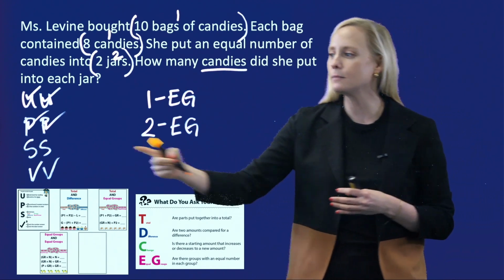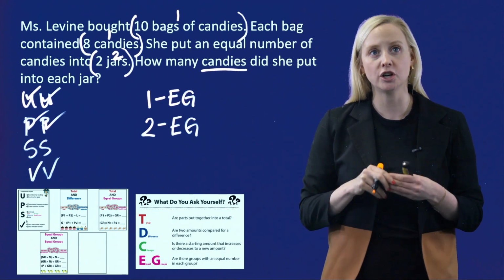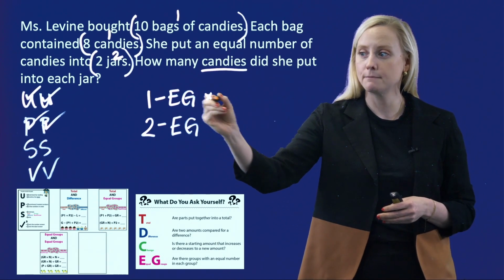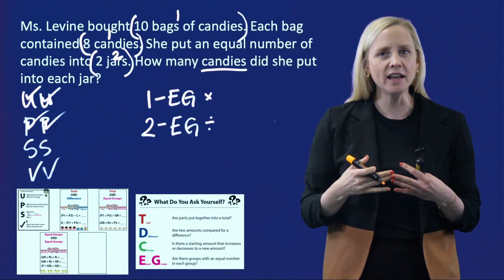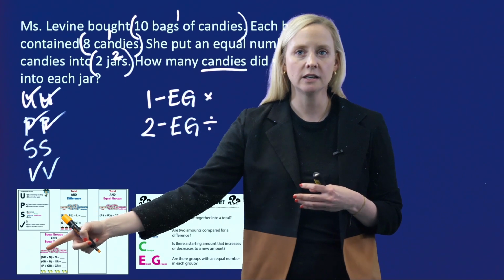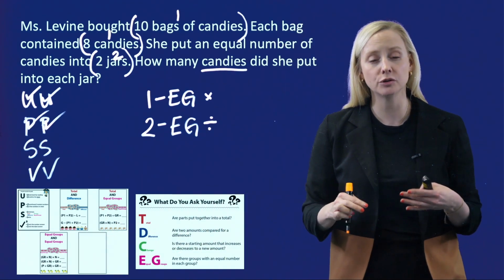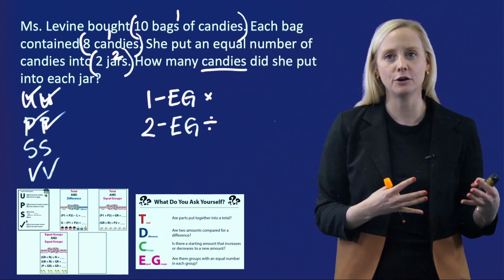So now before I move on to my S, I need to look at my poster and think about which equation I'm using. When I don't know my product, I'm multiplying, and when I know my product, I'm dividing. So all I need to do now is figure out which equation has multiplication and then division, or which equation shows a problem where we have an unknown product followed by a known product.